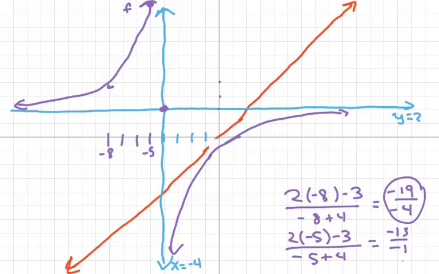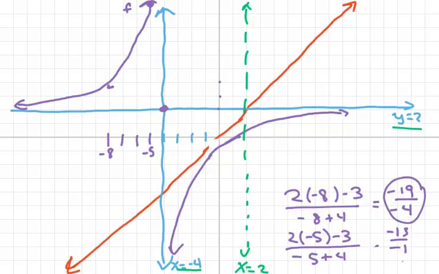Now your inverse function, basically all we're going to do is switch our asymptotes. So we're going to have x equals 2. I'm going to draw that here. And then we're going to have y is -4.